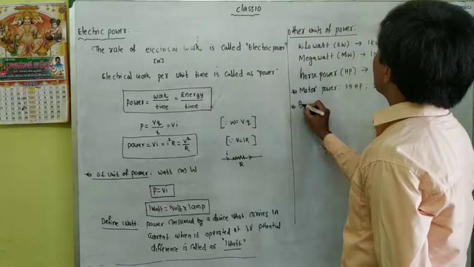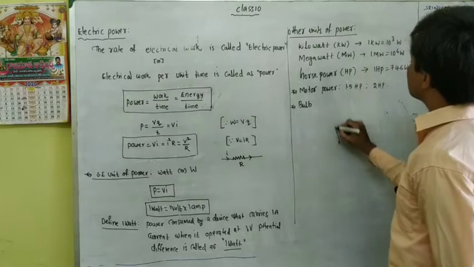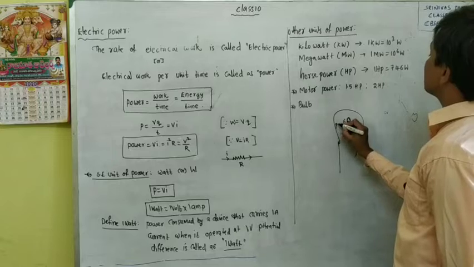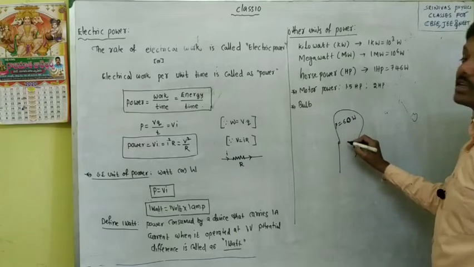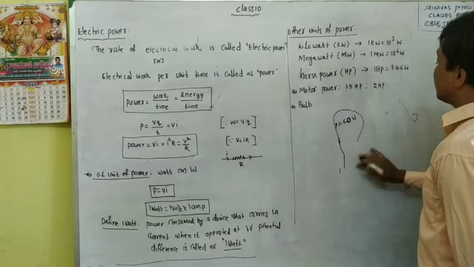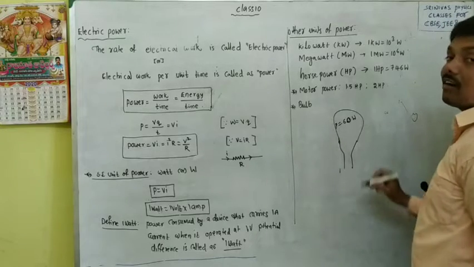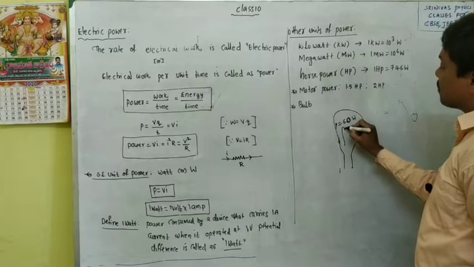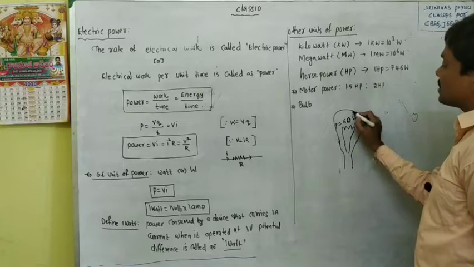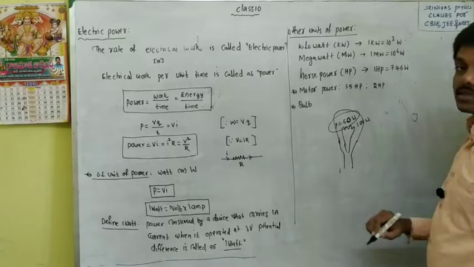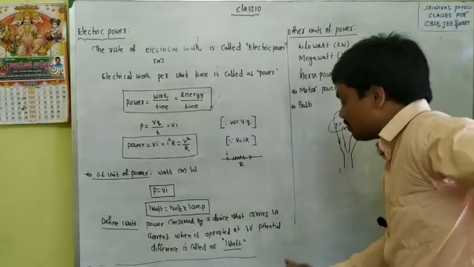For example, an incandescent bulb. Generally on every appliance some power value is written, like 60 watt bulb, 10 watt bulb. Nowadays we get LED bulbs, in which the wattage is very low, 10 watt, 20 watt. Previously the incandescent filament bulb had large power, 60 watt, 100 watt. What is the meaning of a 60 watt bulb?